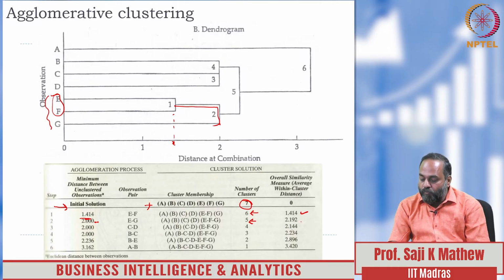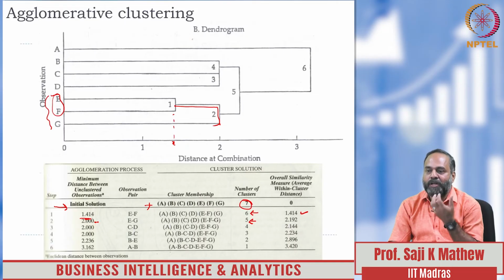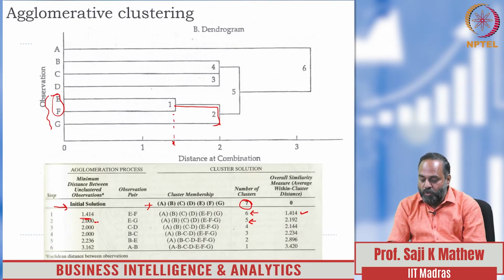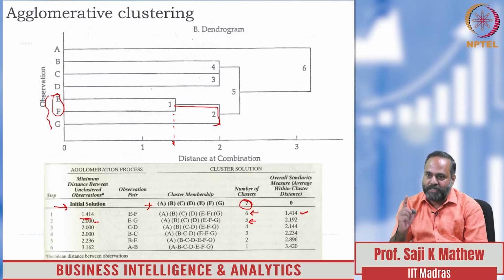And now, what is the average within cluster distance, which we are using as a measure to understand what is the total error that is formed? The within cluster distance, the average within cluster distance, is over EF, FG, EG. There are 3 pairs, right.